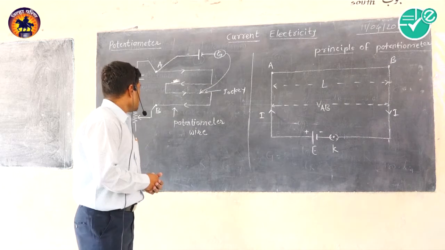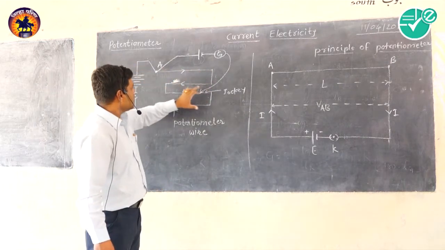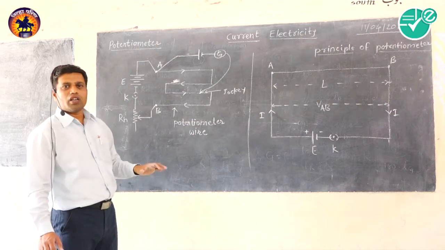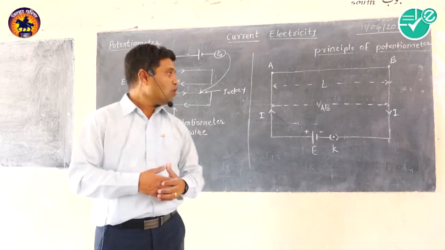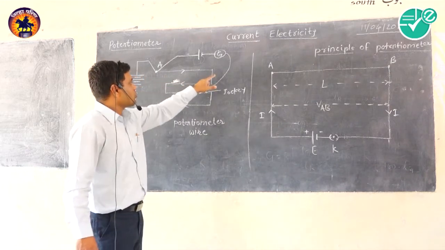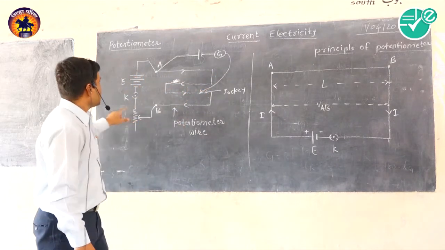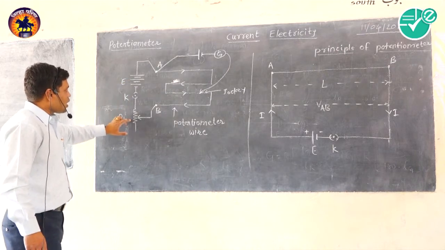Now, potentiometer is a device which has a several meter long wire, near about 7 to 10 meter, or up to 15 meter also. The wire is used in a stretched manner on a wooden board, and this wire is connected to a battery E, a key K and rheostat RH.